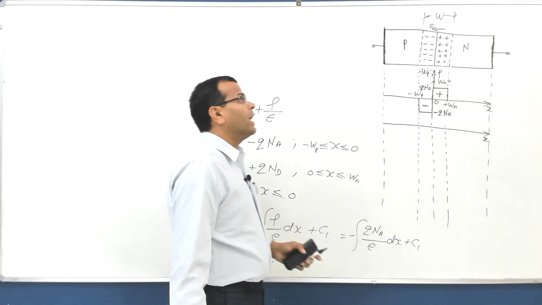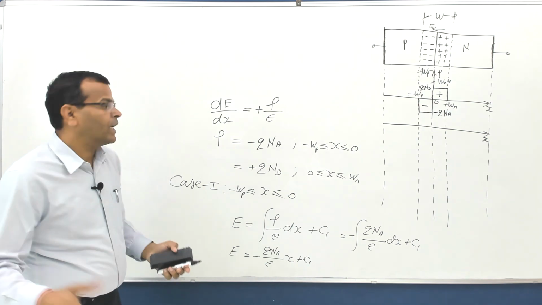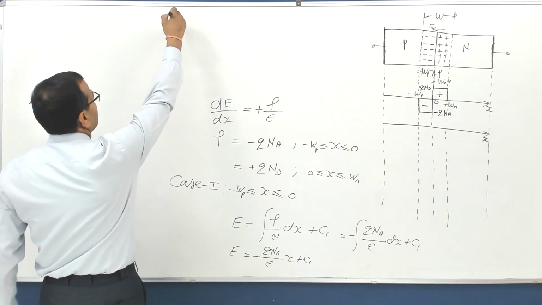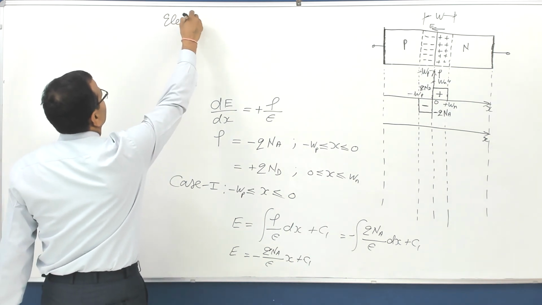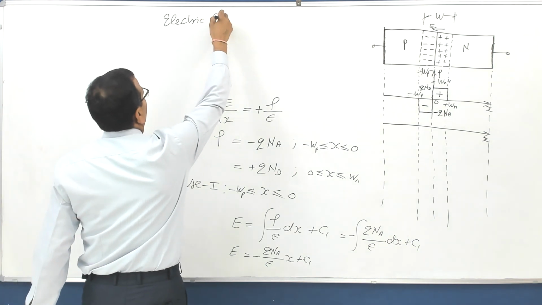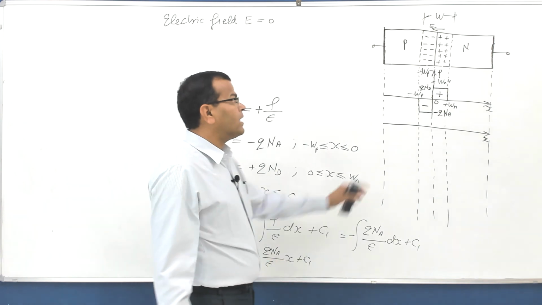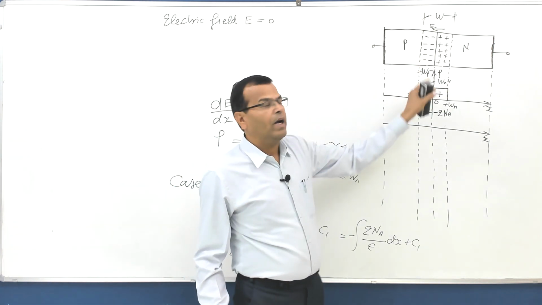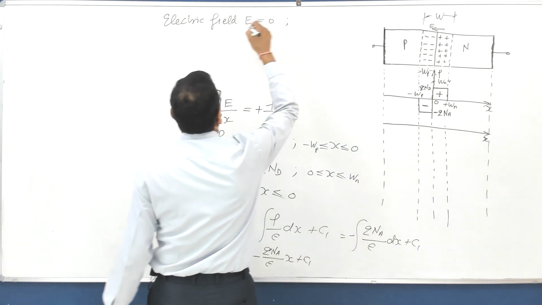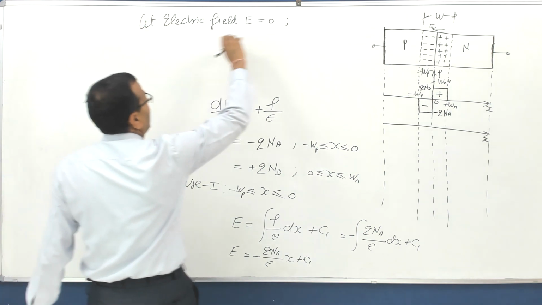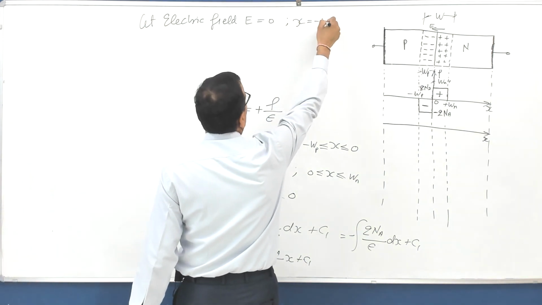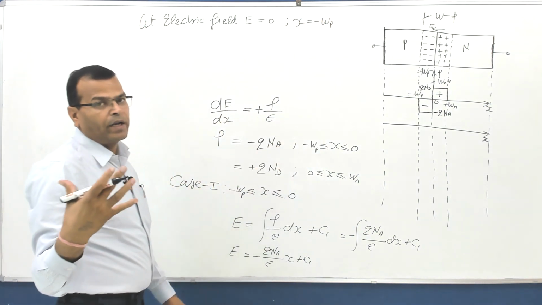So that is the assumption we carry. The electric field E is assumed to be 0 at the boundary, at x equal to minus Wp. That is the assumption you are carrying.